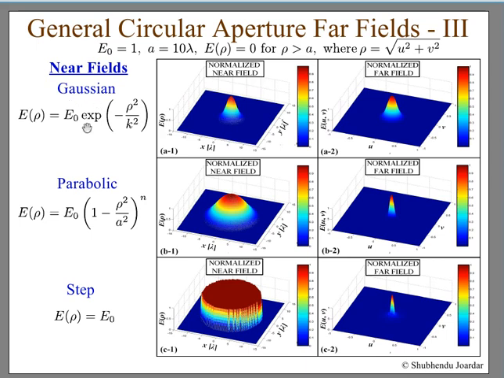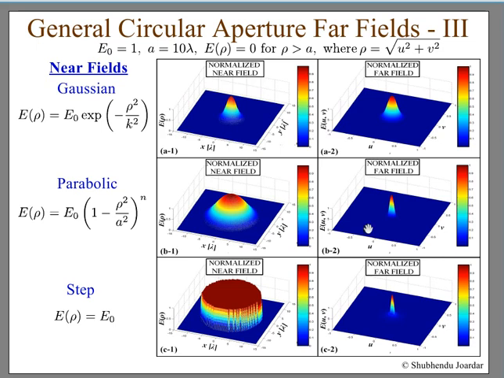Anyway, this is for Gaussian excitation. This is a Gaussian distribution. This curve varies like a Gaussian distribution, and what you get is again a Gaussian. For this case, when your excitation is Gaussian, the field pattern will also be Gaussian, and only in this case you won't get side lobes, or even if you get them, they will be very small.